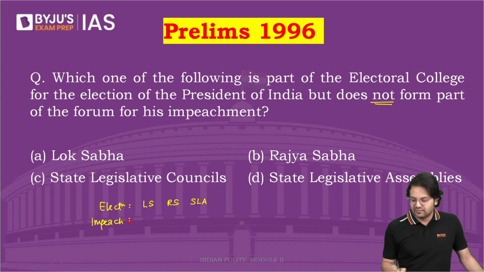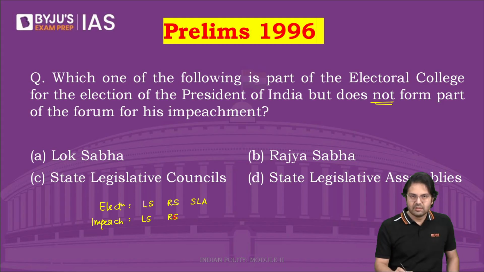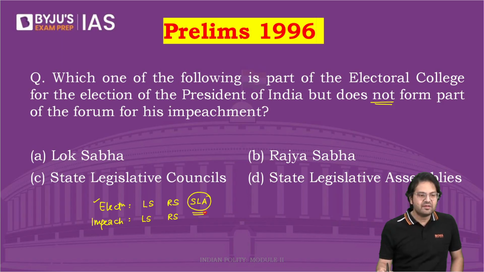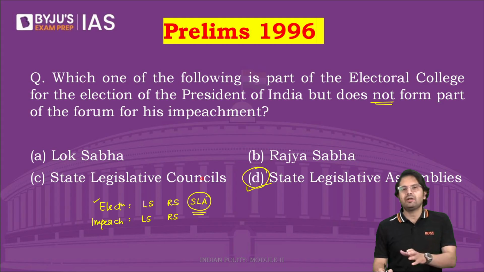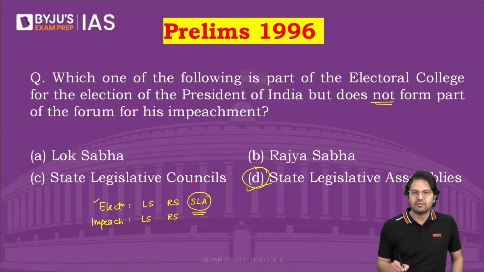All the Lok Sabha MPs, all the Rajya Sabha MPs, right? So, which group of people take part in election but don't take part in impeachment? State Legislative Assembly. D. Councils neither take part in the election nor in the removal, impeachment. So, this cannot be the answer.